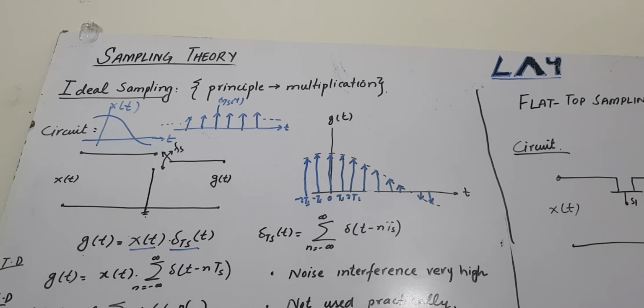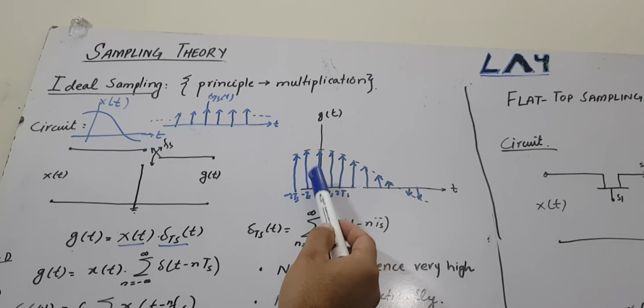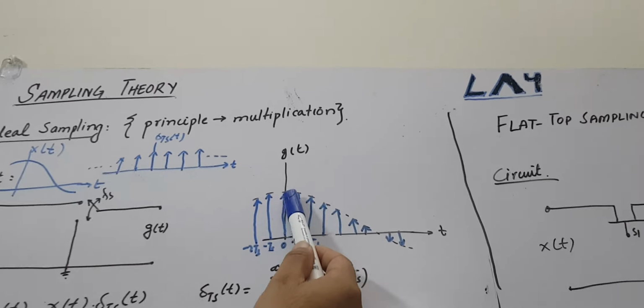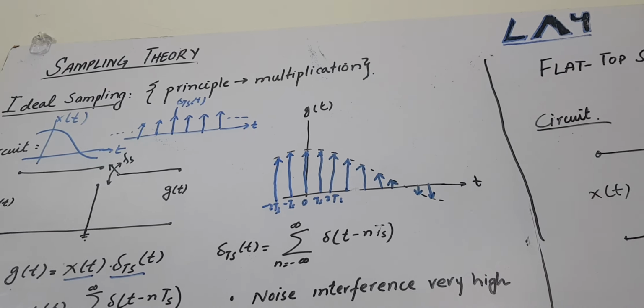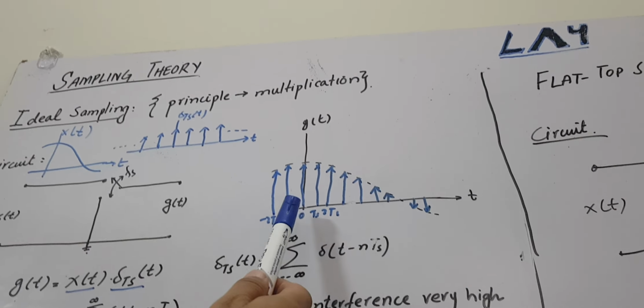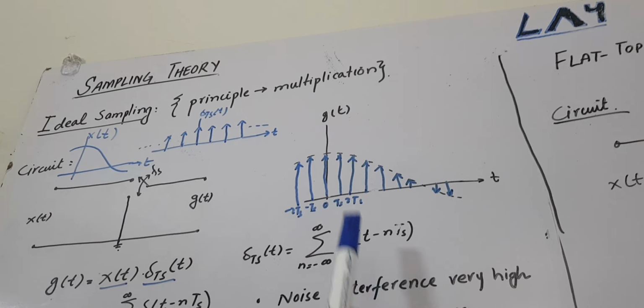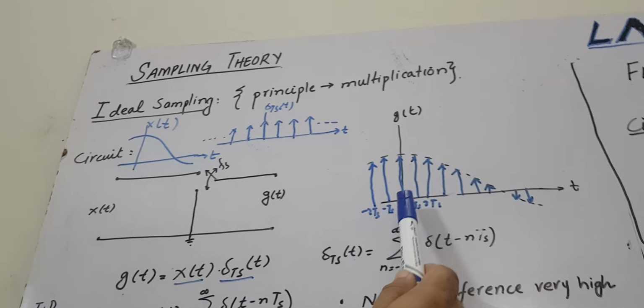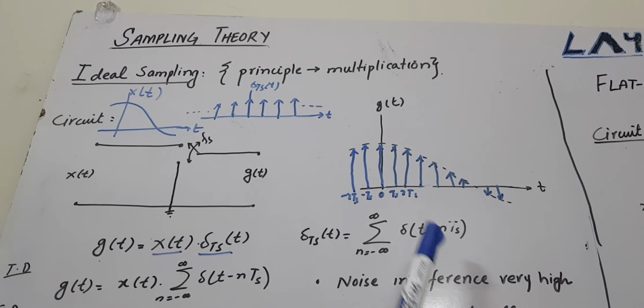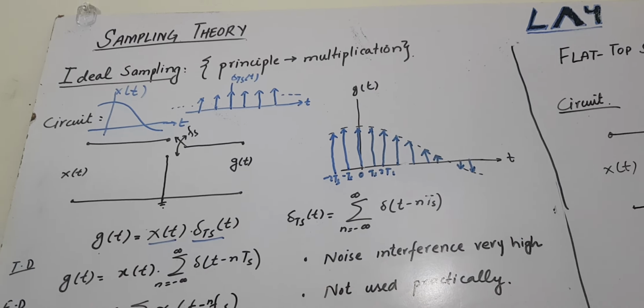Here you can consider that the pulse width is 0, which is practically impossible. That is why the noise interference is very high in this case, because the pulse width is 0, and so the energy of the signal will be very low.